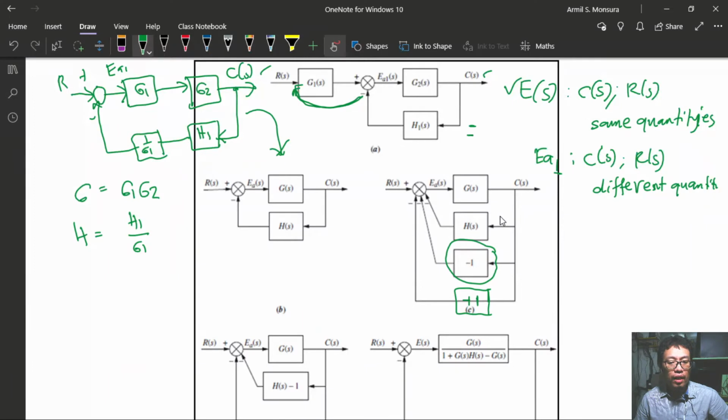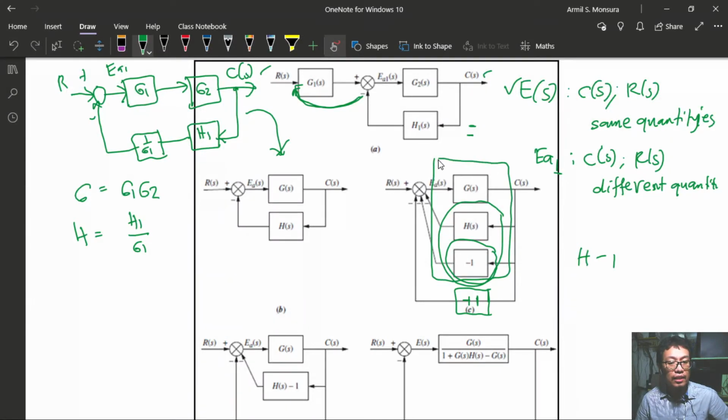Tapos, bali in this case, what we will have to do is to reduce this as a parallel system. Okay, ito. So that should become H minus 1. Okay, tapos itong parallel system na to, i-feedback natin sa G(s) para maging single system itong tatlong ito.